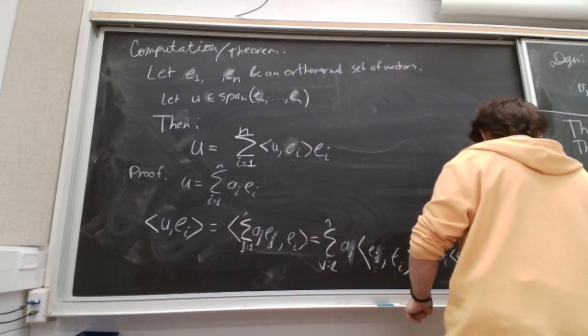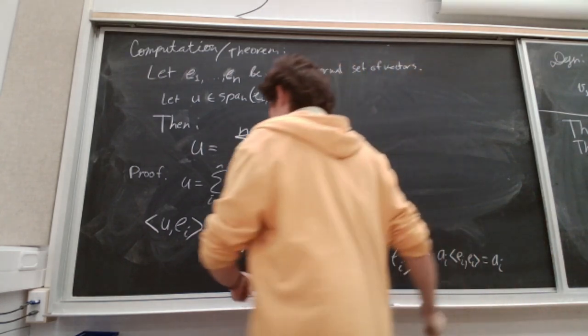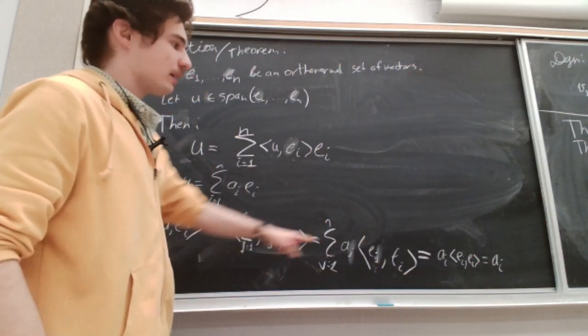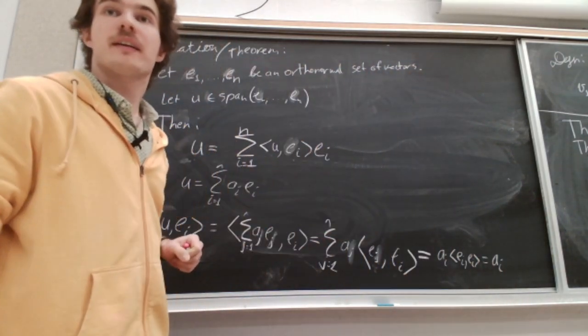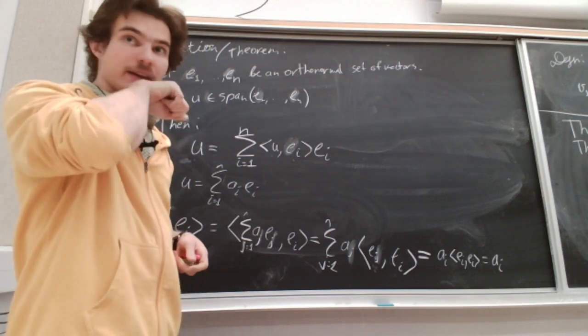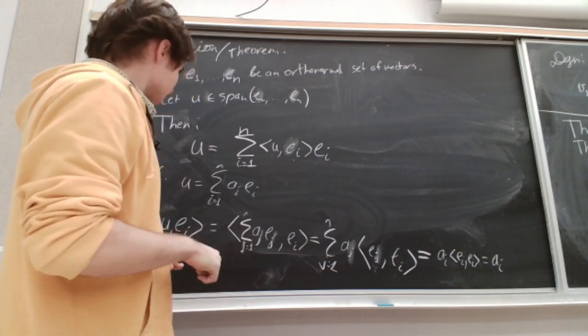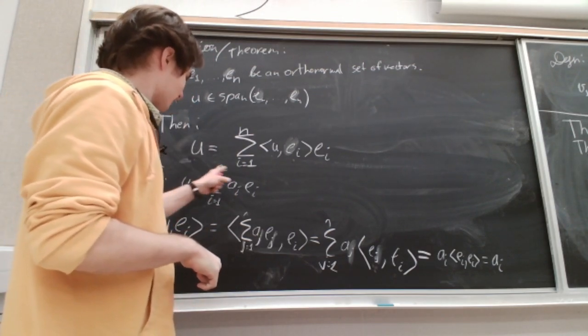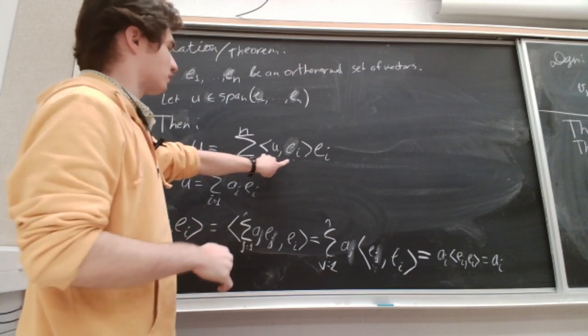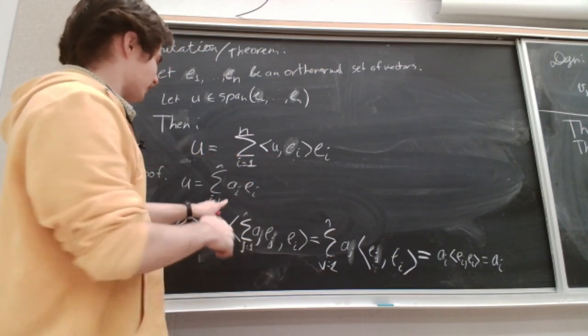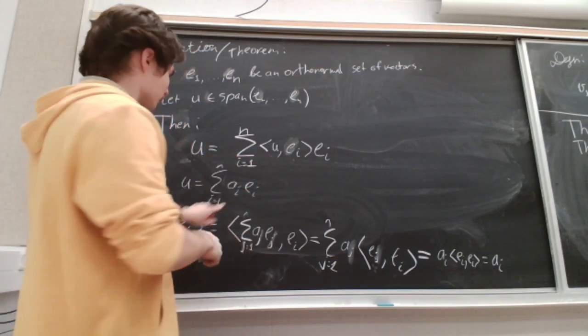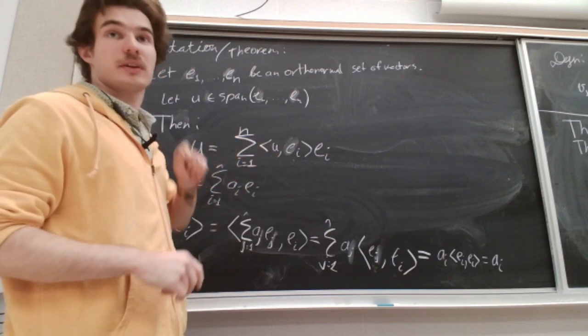So this is equal to ai. So I just showed that u inner product ei is equal to ai. Do you agree? And so that essentially proves this, because if I plug in u inner product ei instead of ai, I just get this expression.